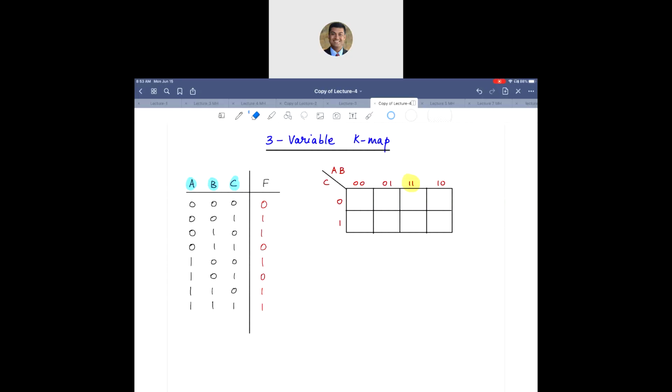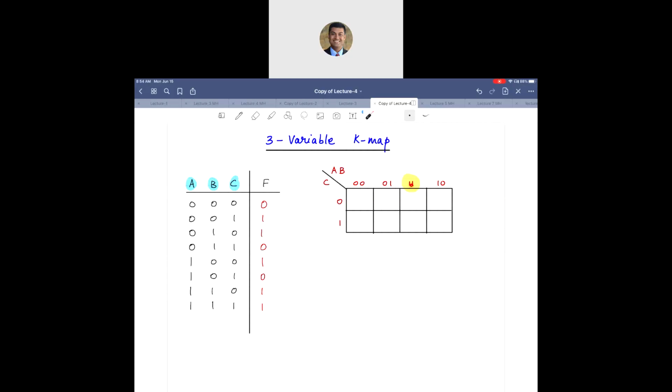Oh, by the way, I hope you recognize this change here. A and B are two input variables, and we have 4 columns here. And if we have 4 columns, we have 4 possibilities for A and B: 0, 0, 0, 1, 1, 1, and 1, 0. Notice 1, 1 is ahead.